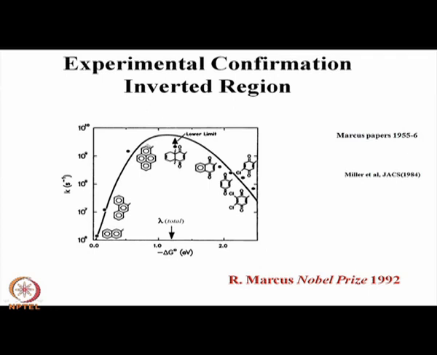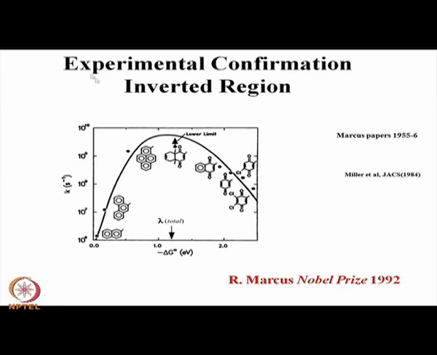This way you keep on increasing, and you see that the electron transfer rate becomes more and more. So, go back to the earlier slide: the attenuation relates to the attenuation factor, and how strongly these two surfaces are coupled. These are the factors.